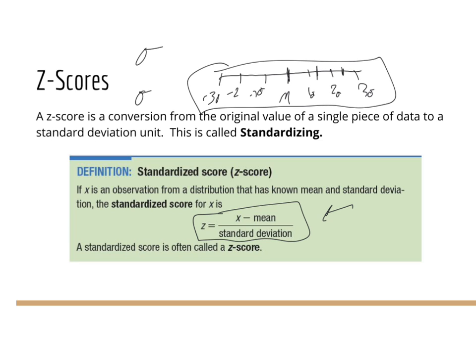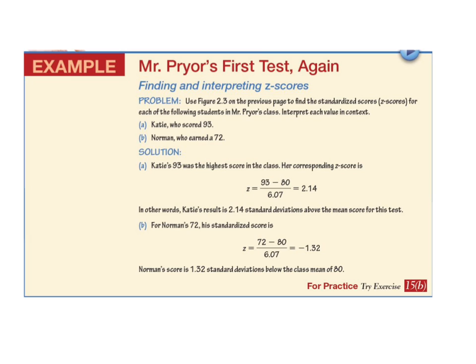So back to Mr. Pryor's first test again. We are looking at these scores, so we're standardizing these scores. If we look at this example, Katie scored a 93.